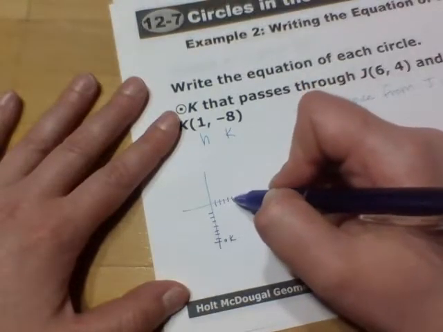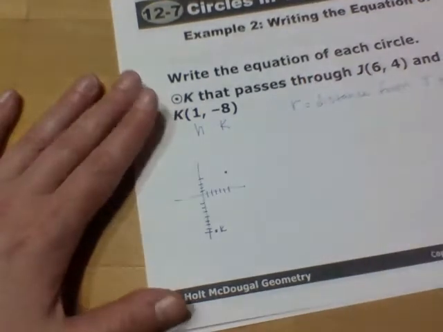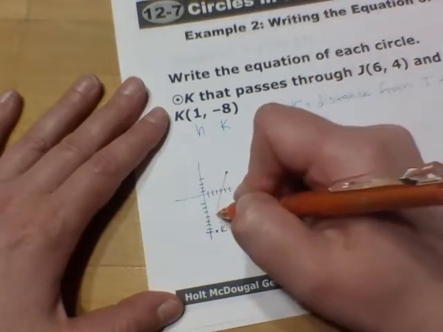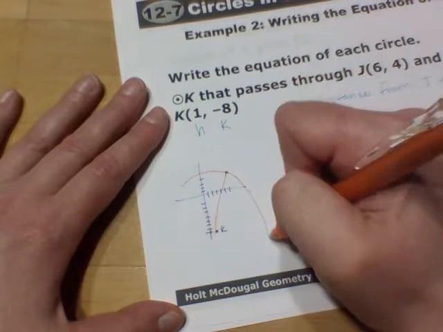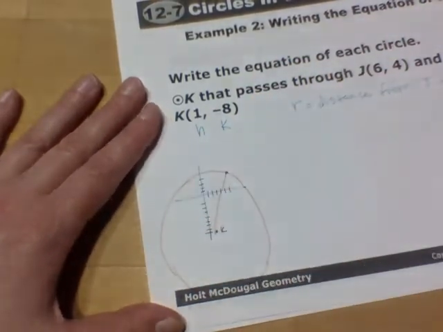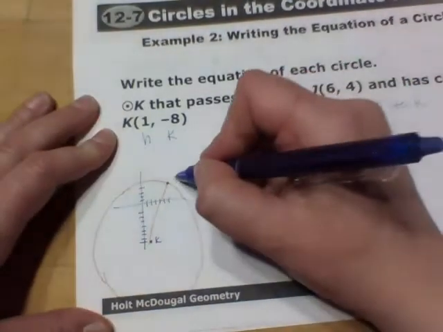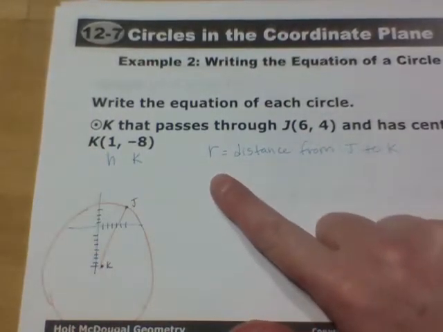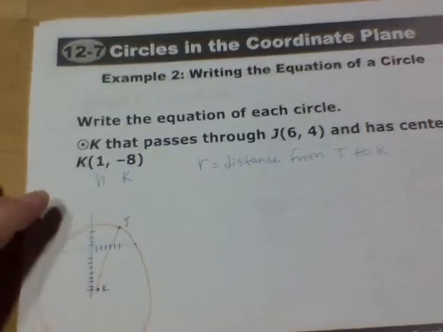So 1, 2, 3, 4, 5, 6. So what we're saying is this is the radius, bad straight line there, of a circle that goes all the way around here. Okay, so they've already told us that if this is K and this is J, they've given you the endpoints of the radius. So we just need the distance between them in order to have our r.